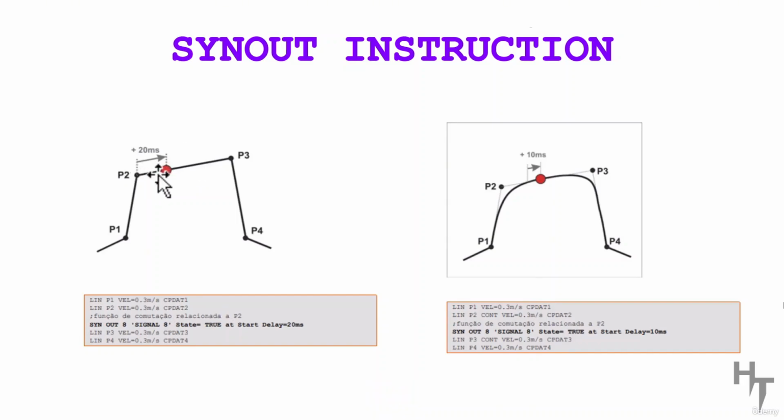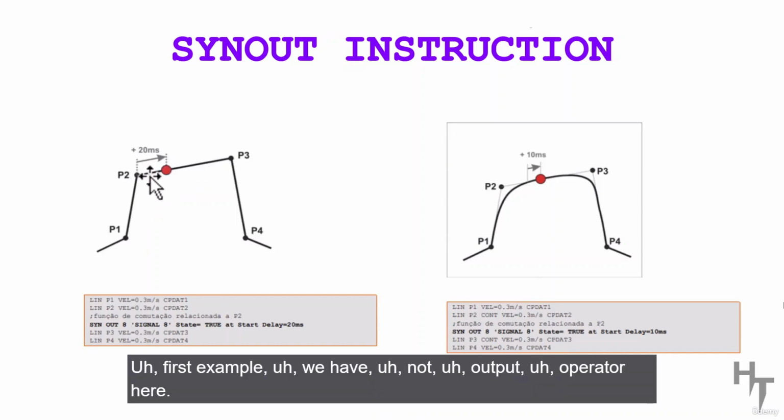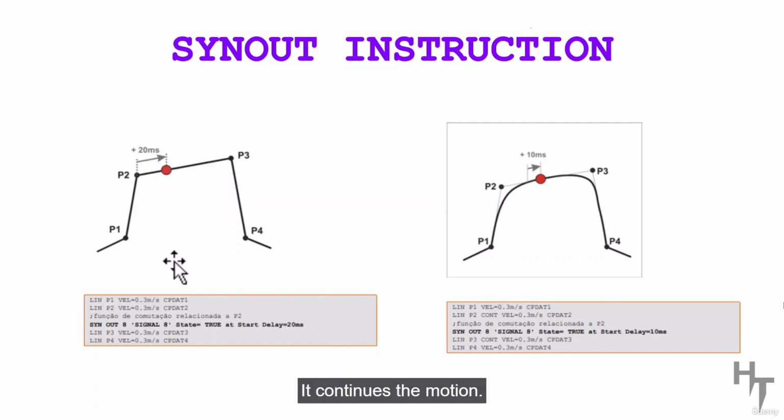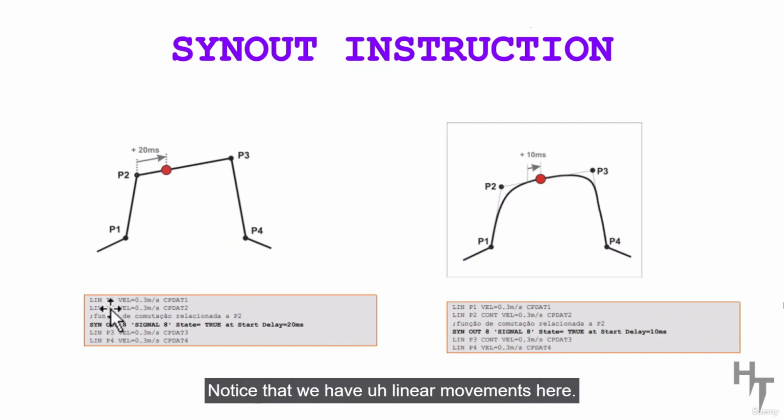Okay. First example, we have a non-output program here. So observe the robot executing those sequential points. So we move from point 1 to point 2, then to 3, then to 4, and go on. Okay, it continues the motion. Notice that we have linear movements here.